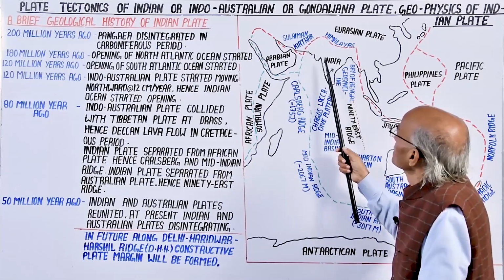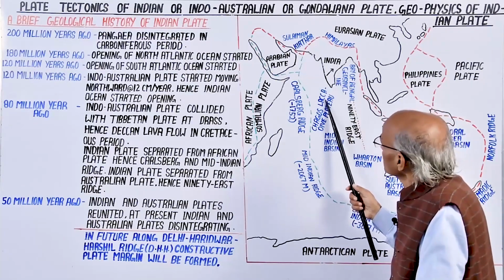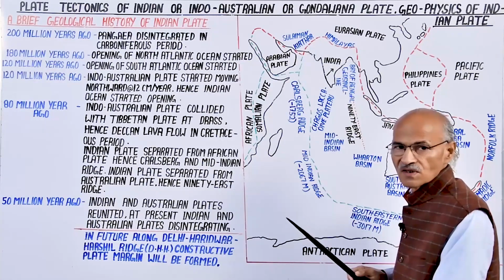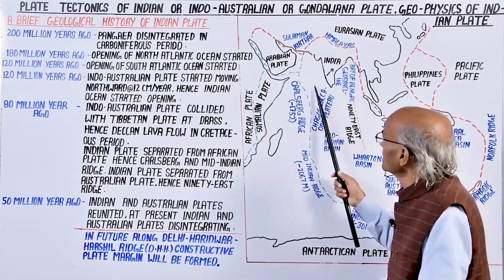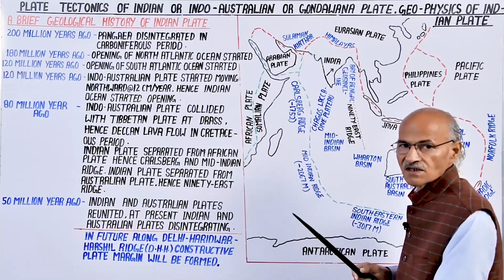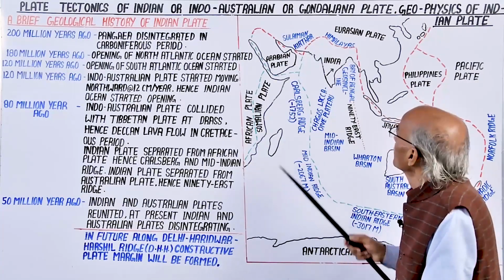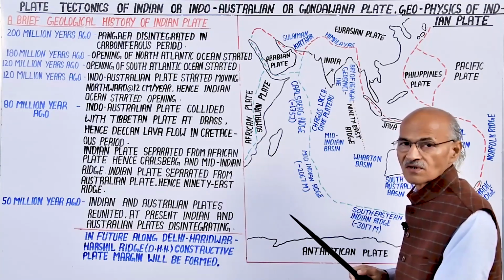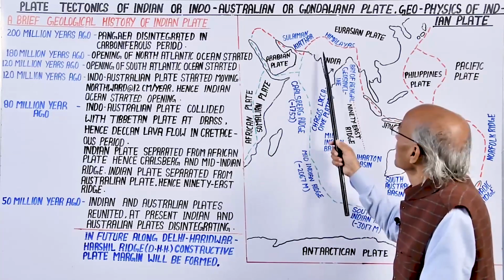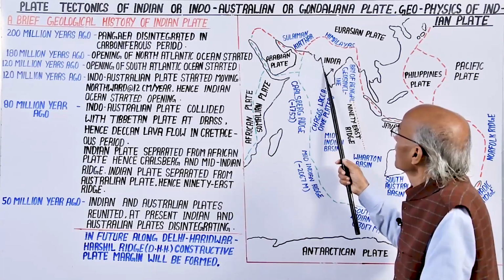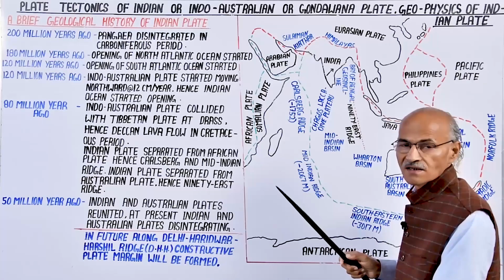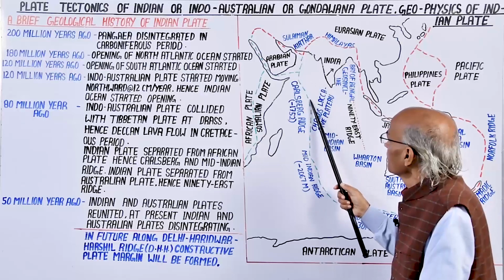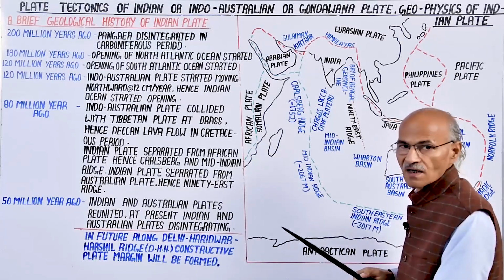Here one noteworthy thing is that this Chagos Lakshadweep plateau is today submarine, but its basal rocks or structures are of the Aravalli and Dharwad system. It also explains that the Aravalli, Archean and Dharwad period rocks or structures are found in the base of the Lakshadweep islands.